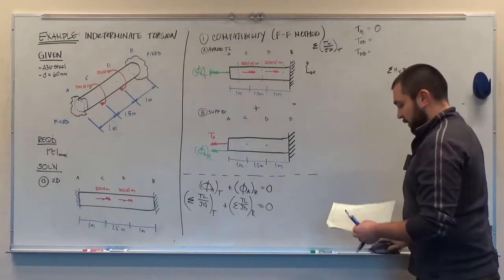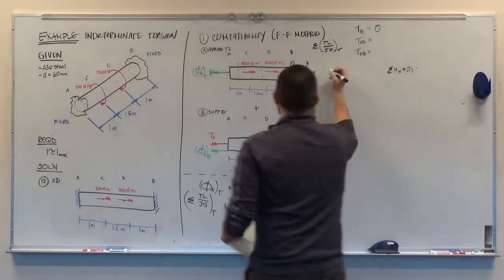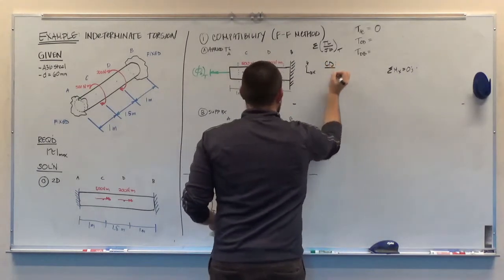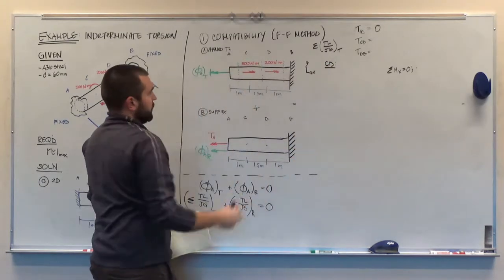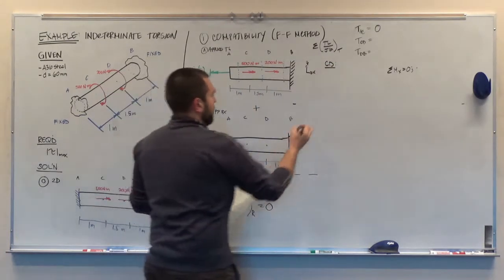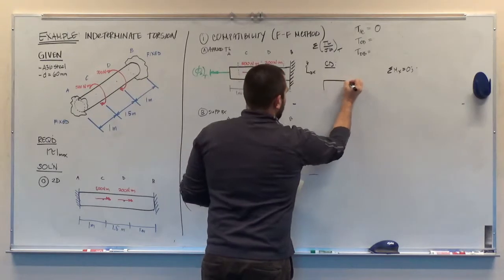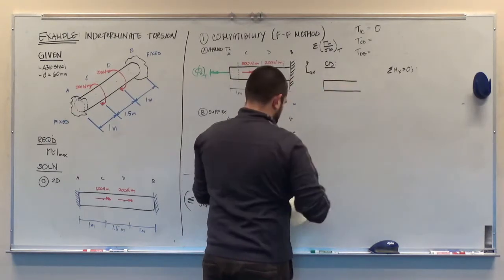We'll get a little bit more out of that. So if we have section CD that we're looking at, I'm going to make a section cut between C and D, and then we'll draw our free body diagram, which has a little bit more.